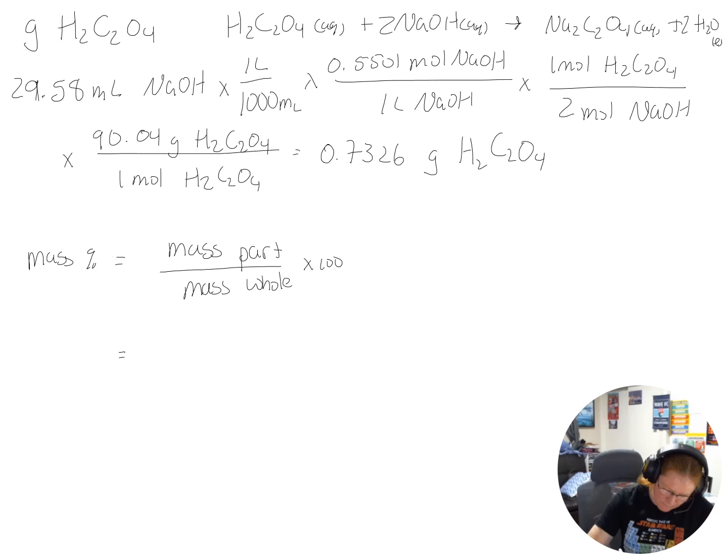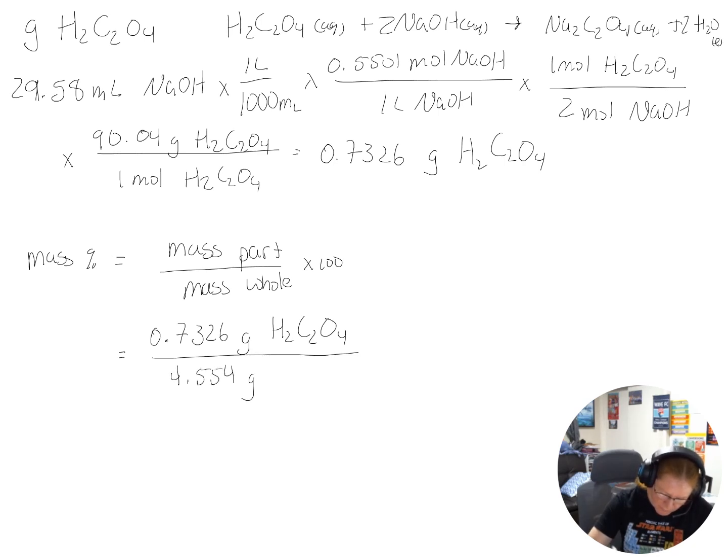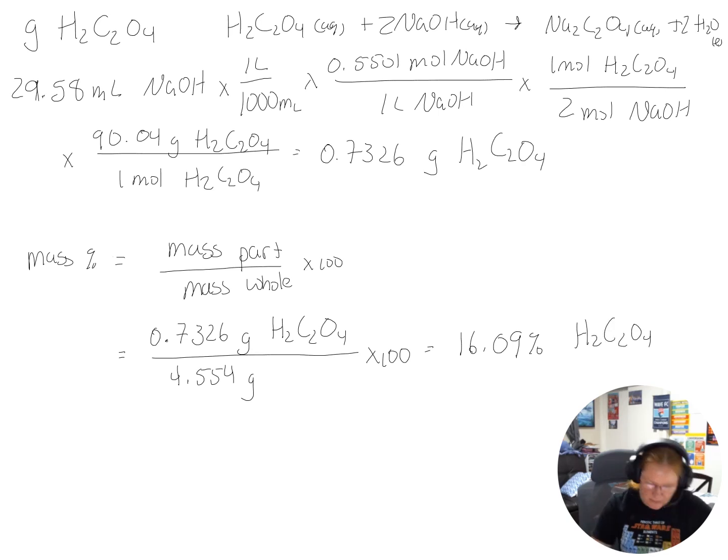So we're going to get 0.7326 grams of our oxalic acid over our 4.554 grams of our sample times the 100, and we're going to get 16.09% oxalic acid.